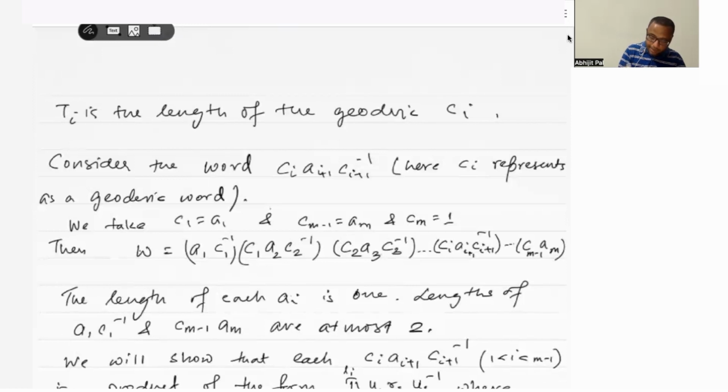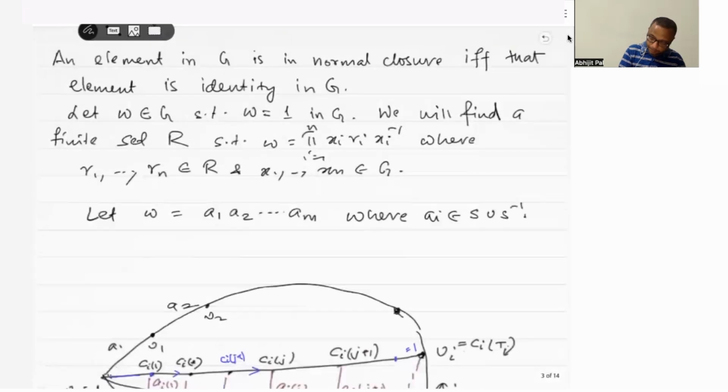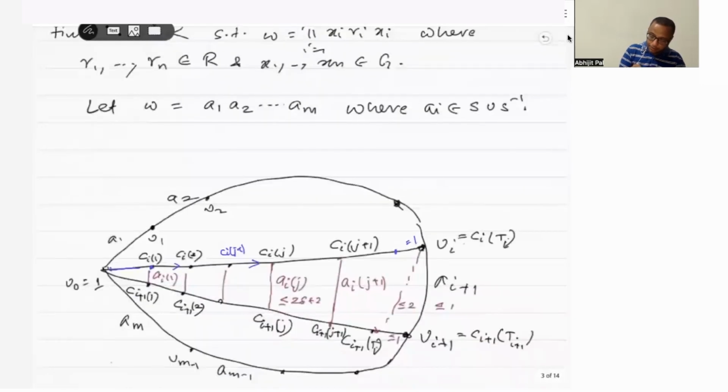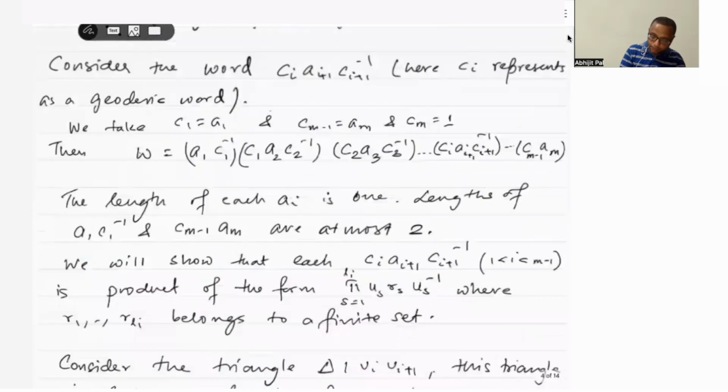Here Ci represents a geodesic word. So you take this word here: first travel up to Ci, then Ai plus 1, and then return back by Ci plus 1. So we'll get a loop.